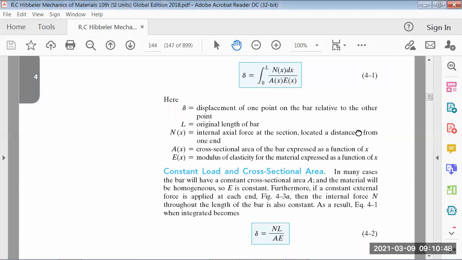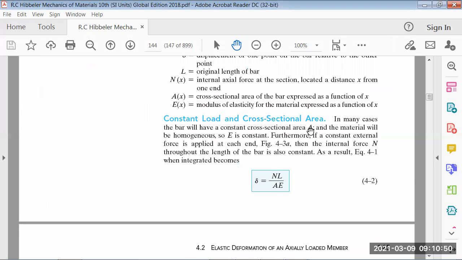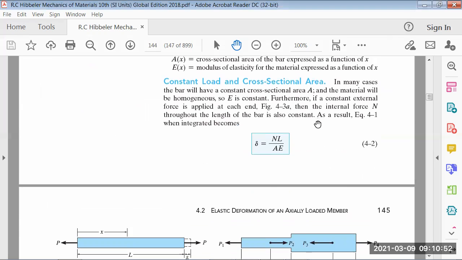And then we end up with a formula. We can calculate the deformation based on this formula, which is NL or PL, the force times the length of the element, over the cross-sectional area times the modulus of elasticity.